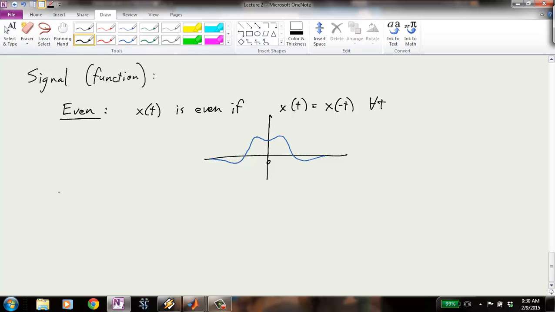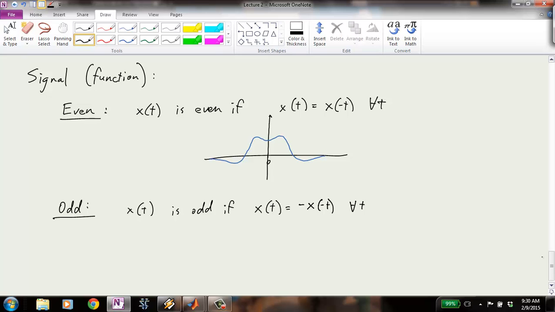And an odd function would be, rather than reflected around the y-axis, if you rotate around the origin, and if it's symmetric that way, then it's odd. Mathematically, that says that a function is odd if x of t equals negative x of negative t for all t.